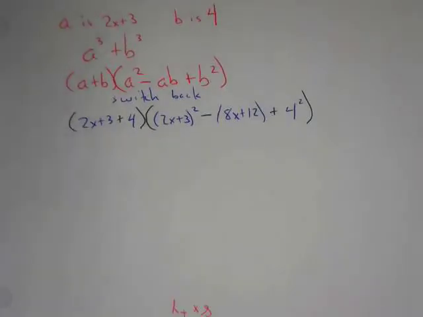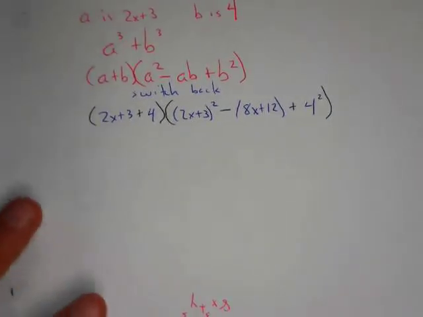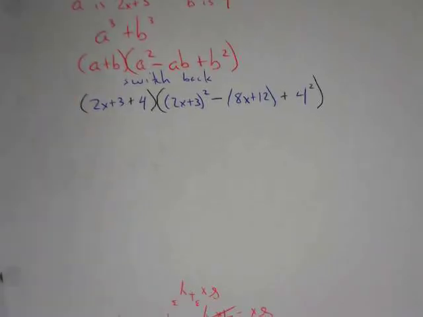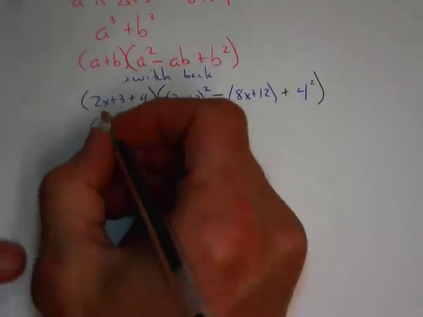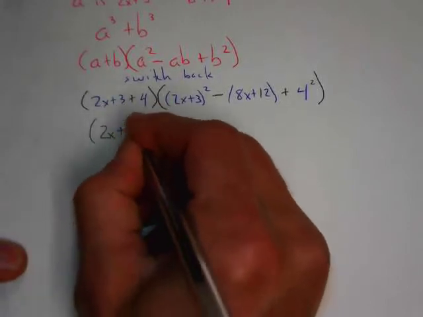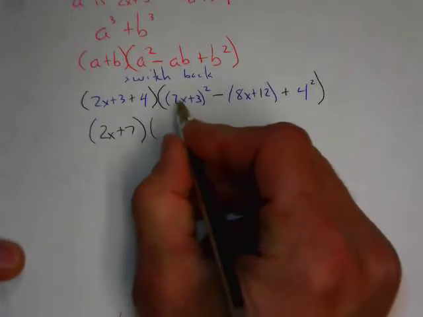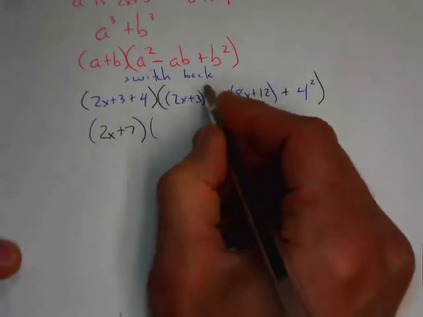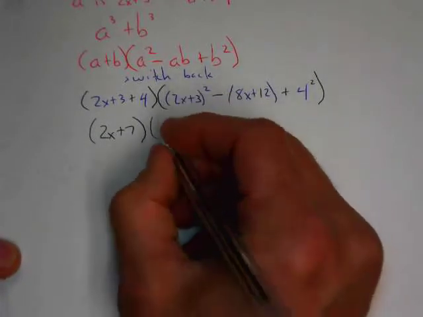The rest is simplification. We switched back what we had substituted, and the rest is just simplifying. In our first factor, we have 2x plus 7 because we can combine our like terms. In our second factor, we have some things going on. If you remember, this is a special. We can multiply this whole thing out.